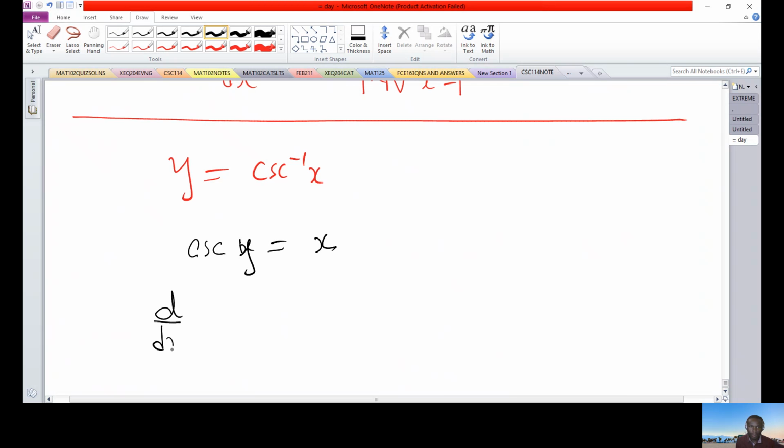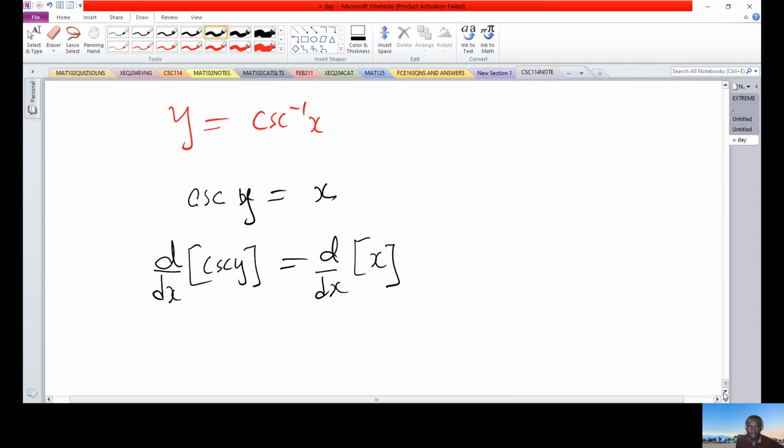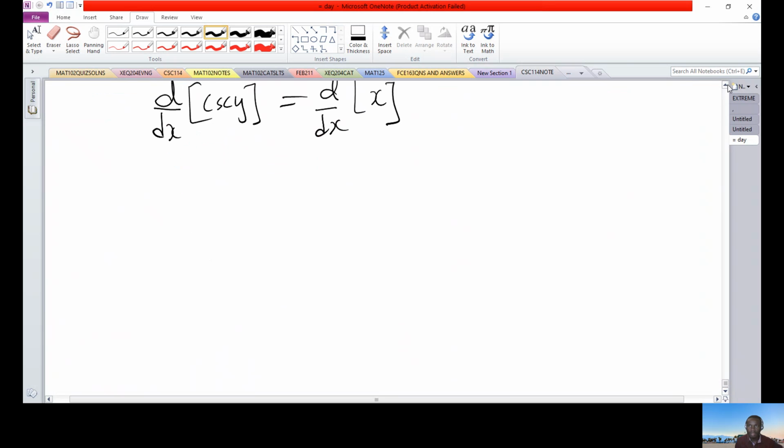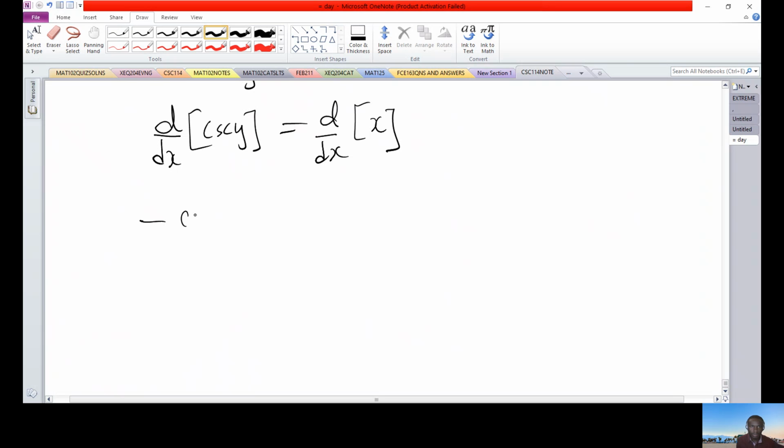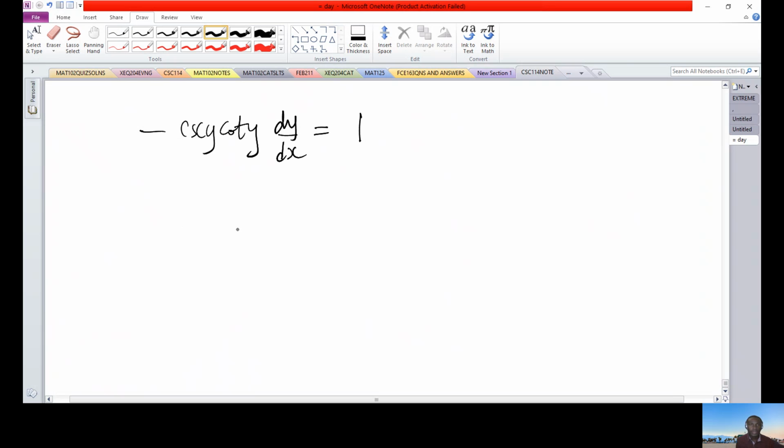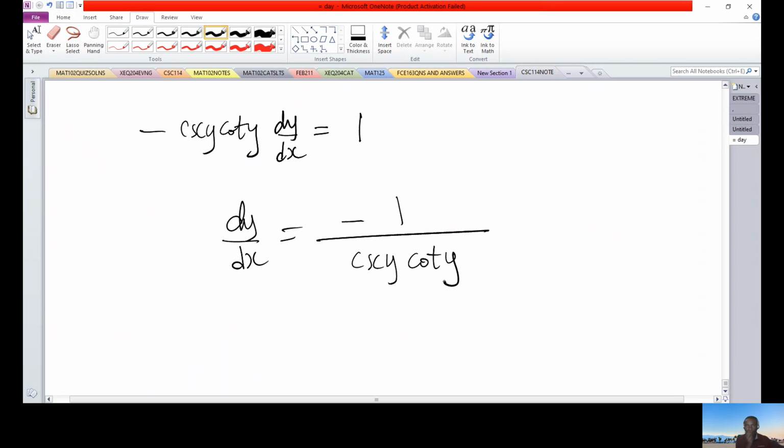And then you supply d/dx on both sides. So when you differentiate a cosec, you get a negative cosec times cot. So negative cosec y cot y dy/dx is given by 1. So make dy/dx the subject, negative 1 over cosec y cot y.